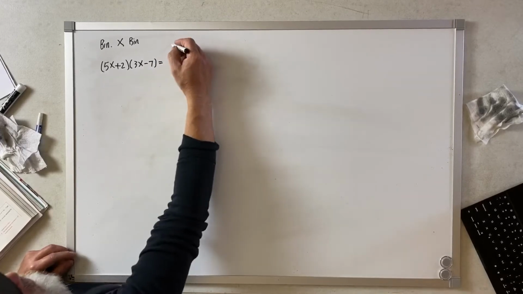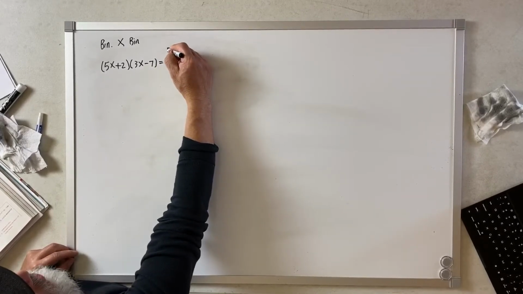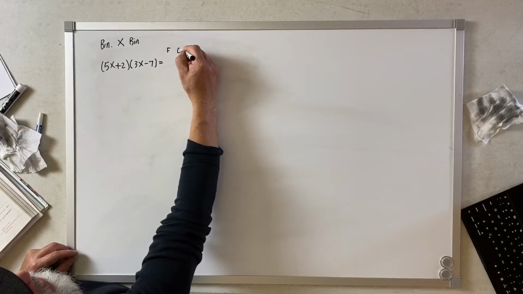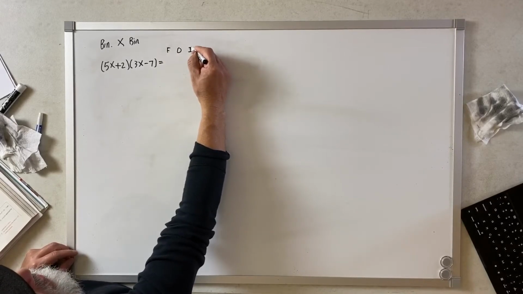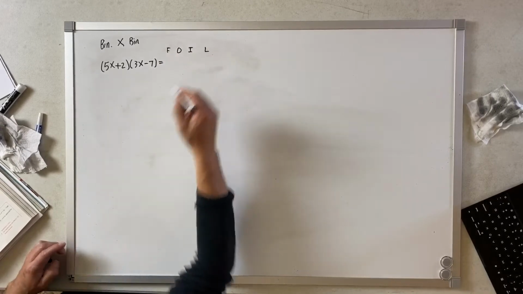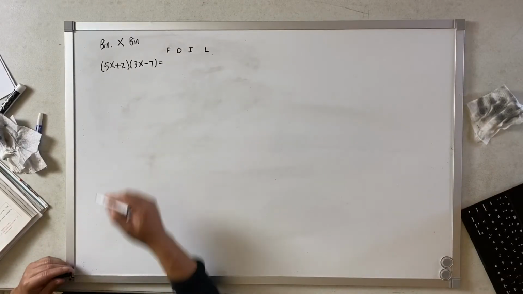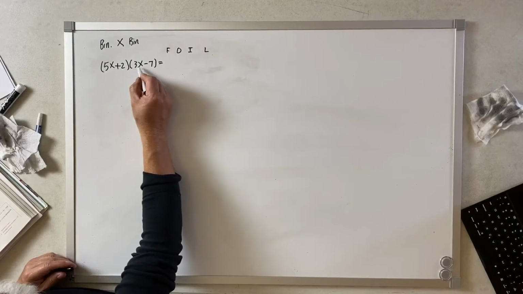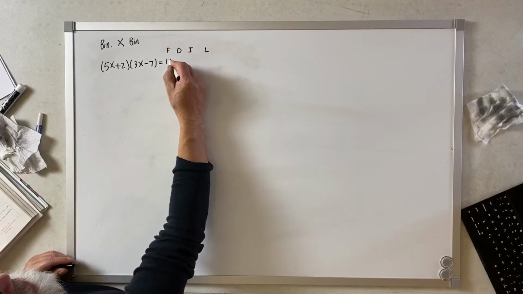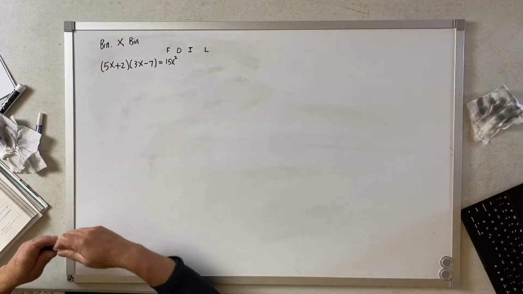We said that we FOIL. We multiply first, outer, inner, and last. FOIL. First is 5x times 3x, which is 15x squared. That's first.